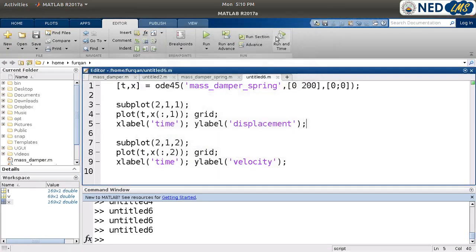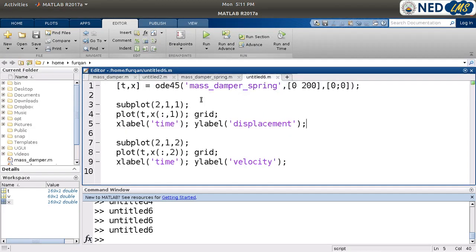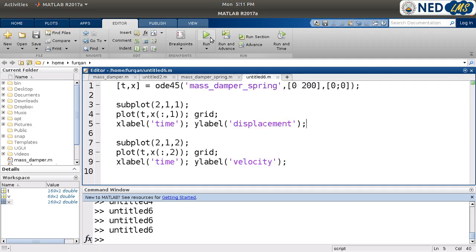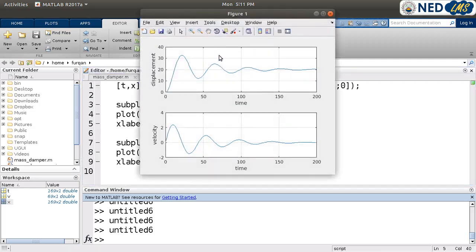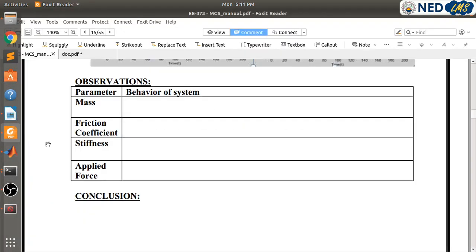This is the plot for M equals 705, B 30, K 15, and FA 300. So you have to change the values of mass, keeping all these constant, and observe the changes in this figure. You have to do this activity one by one.